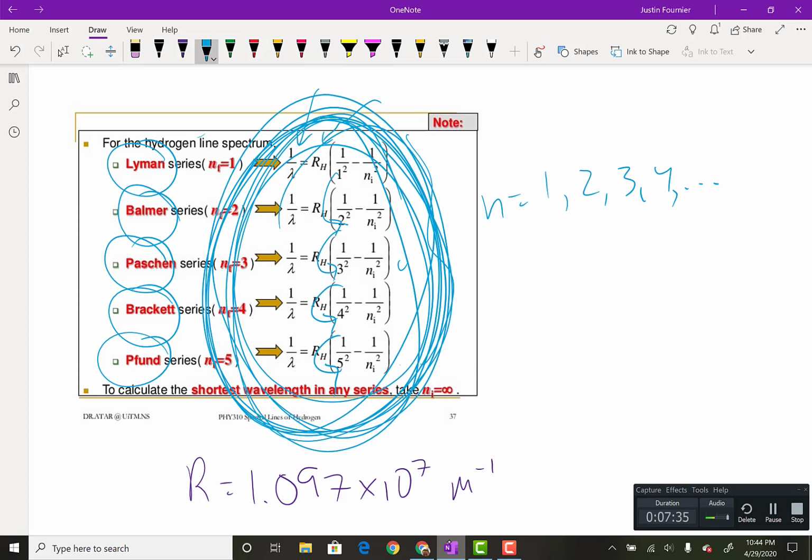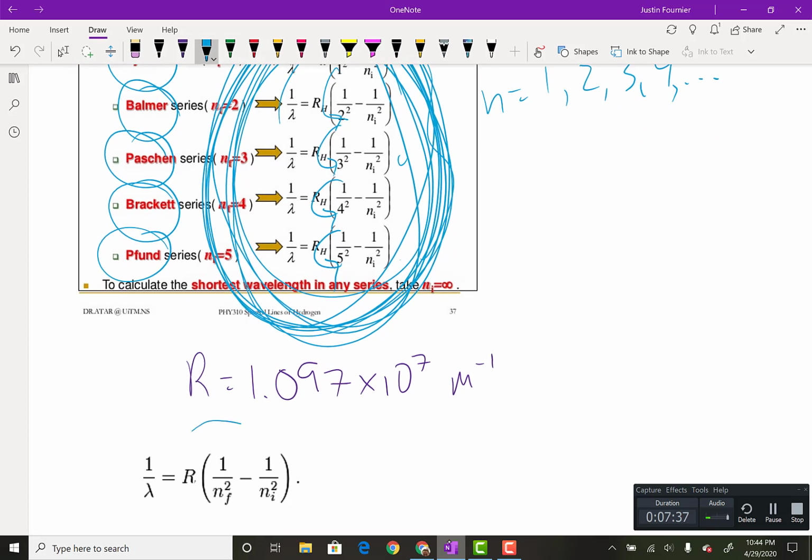However, this Rydberg constant ended up being 1.097 times 10 to the 7th inverse meters, 1 over meters. We'll talk more about this in just a moment.